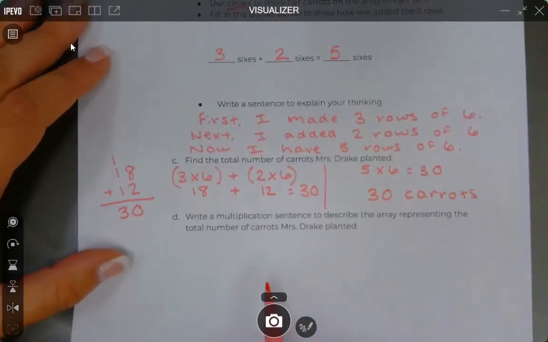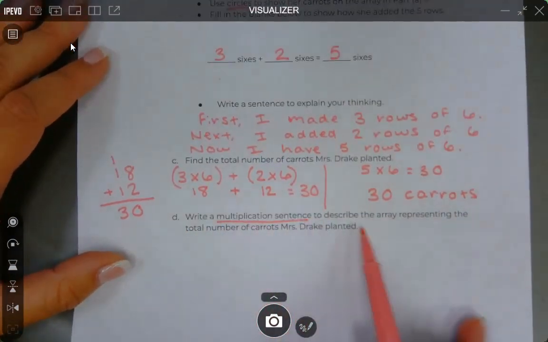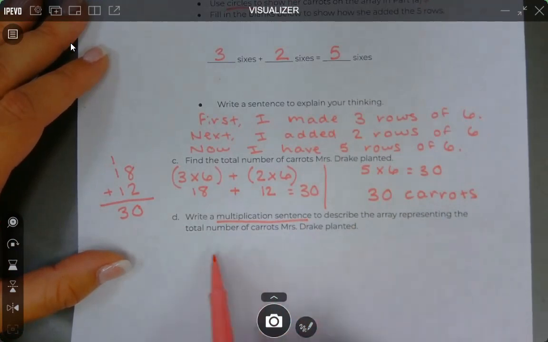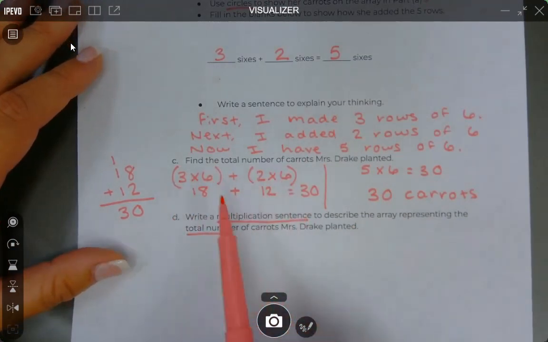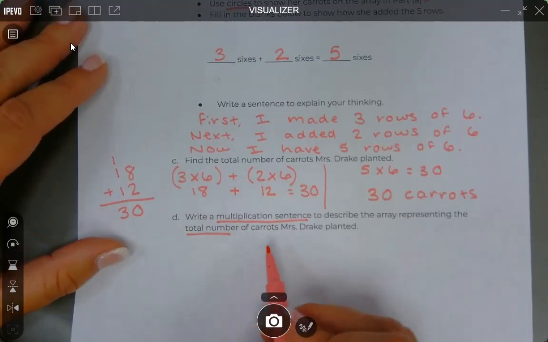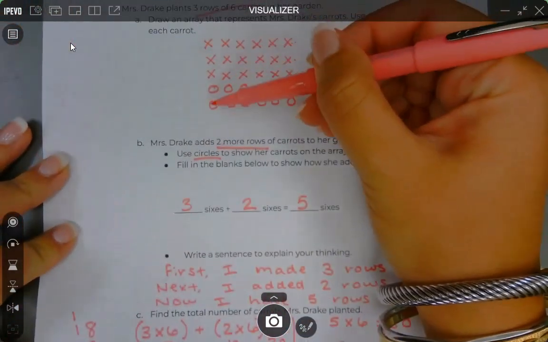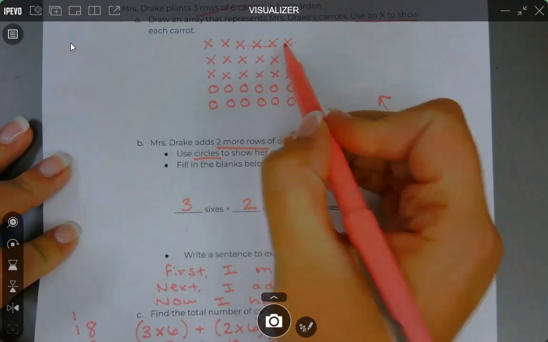Now letter D says, write a multiplication sentence to describe the array representing the total number of carrots. So in this case, they don't want to see the distributive property. They don't want to see that 5 broken up by 3 and 2. They want to know how many rows and how many in each row.